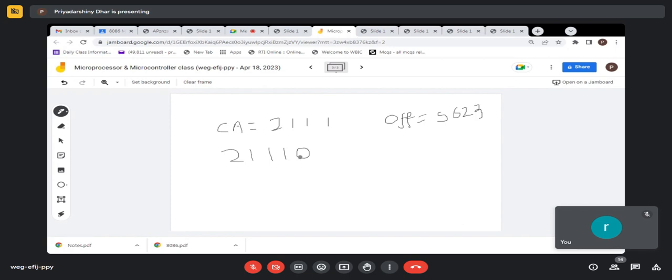That makes our 20 bits. Now add this offset address, 5623. So the result is 33762. This indicates the physical address.